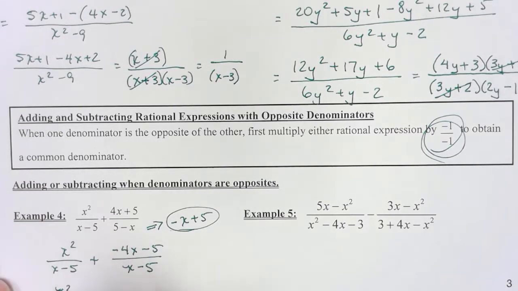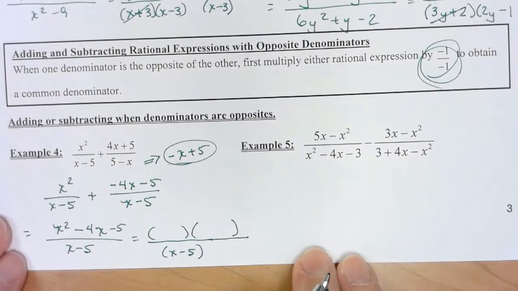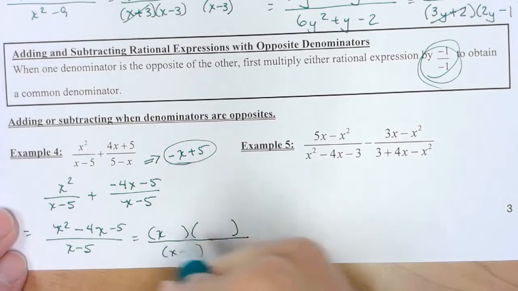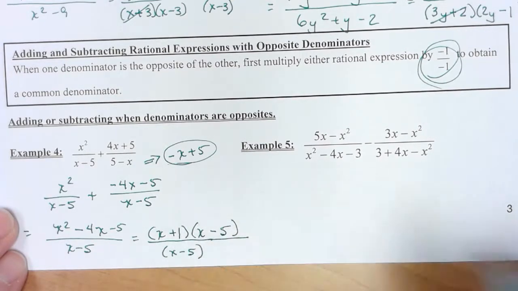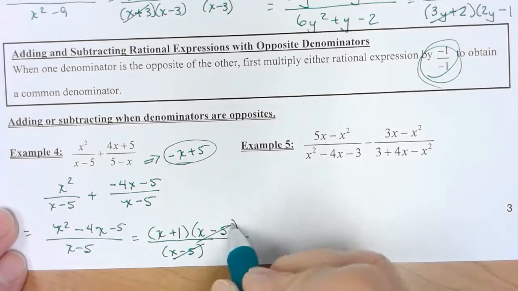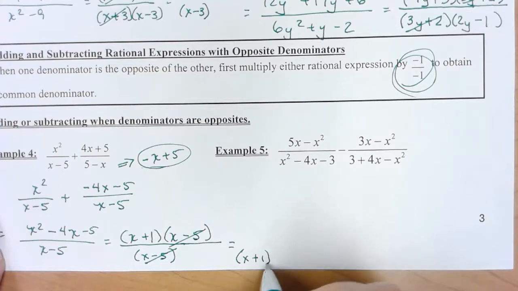So we've got x squared minus 4x minus 5 all over x minus 5. The x minus 5 does not factor. Let's see if the numerator does. Pause me, go factor this. My answer on this is just x plus 1.